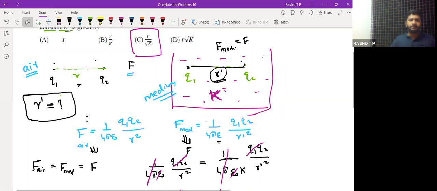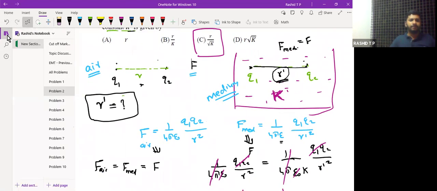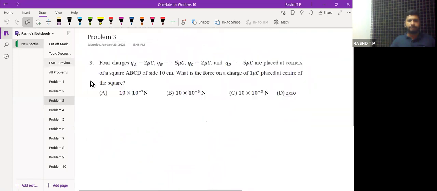Now let us move to some other kind of problems based on the Coulomb force.